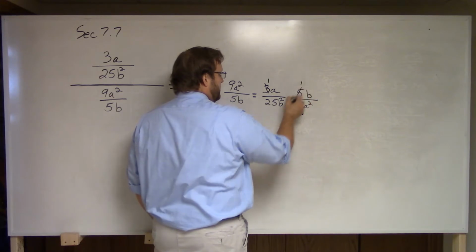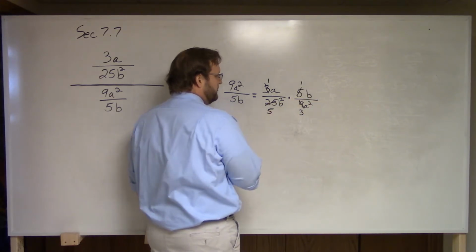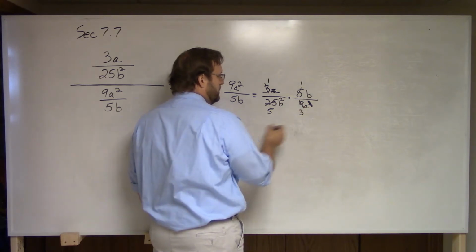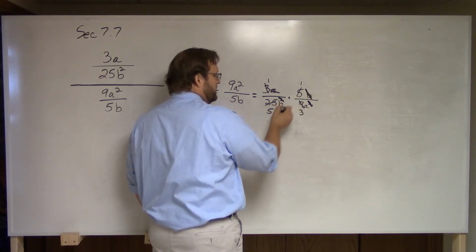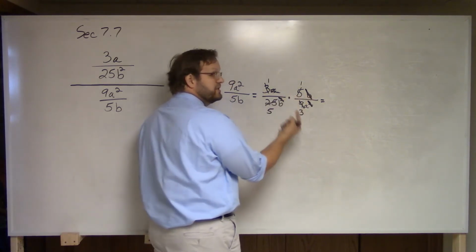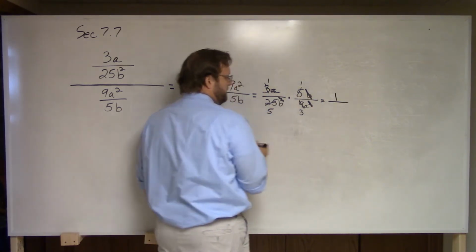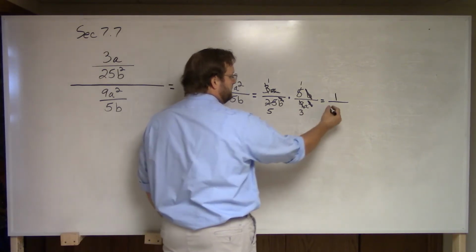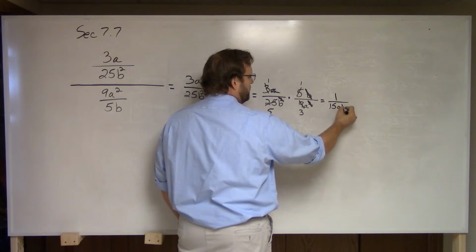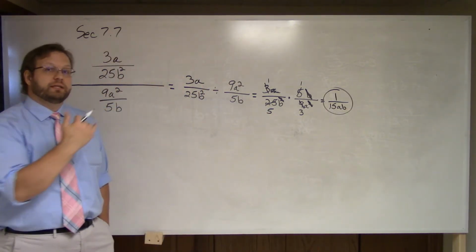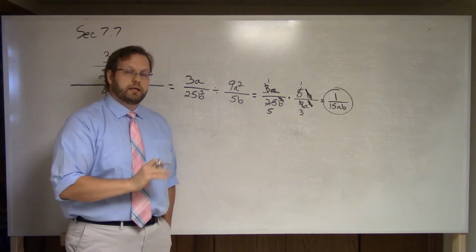A 5 and a 25 are going to reduce by 5. 1a is gone, 1a is left. 1b is gone, 1b is left. So I multiply across here, there's nothing left, it's just a 1. And then in the denominator I have 15ab.